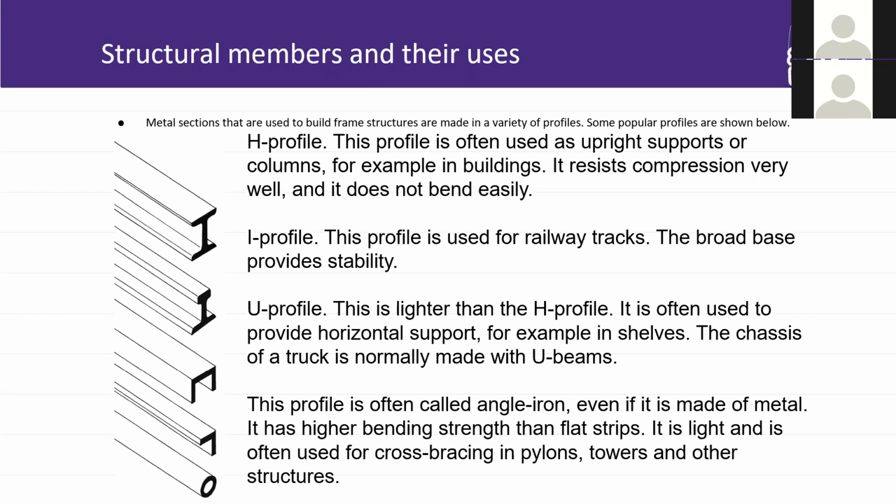And then this, we call it an angle, an angle girder. It has a higher bending strength. In other words, it is more resistant to bending than flat strips. It is light and it is often used for cross bracing in structures. This one, we call it the tube.